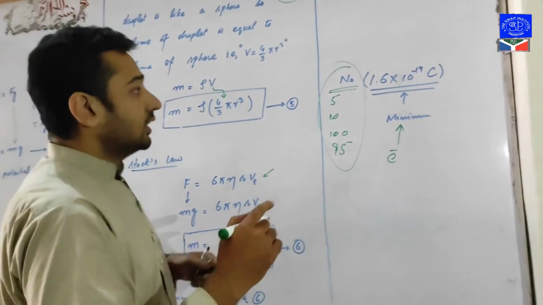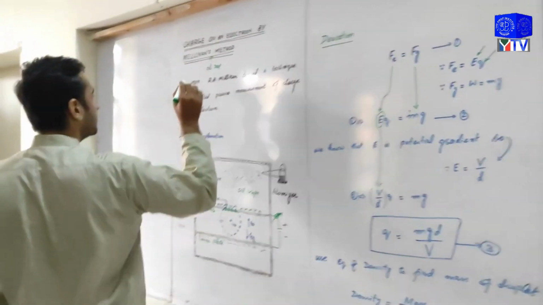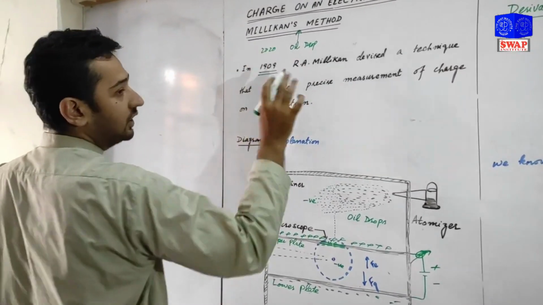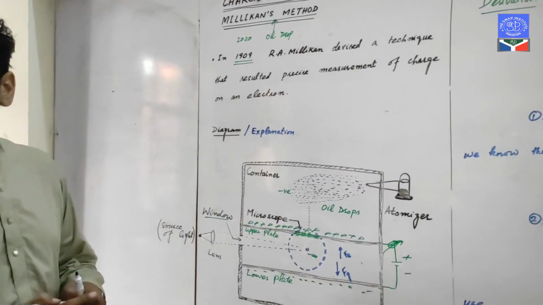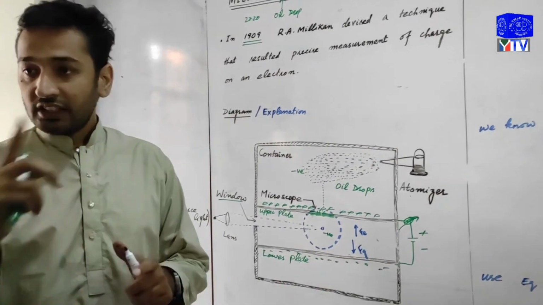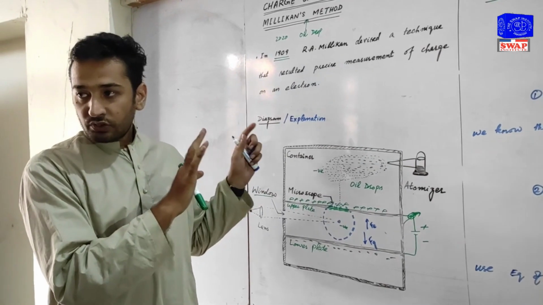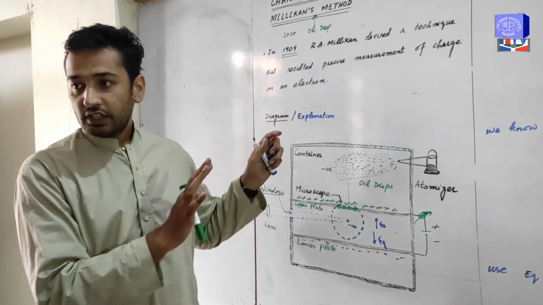From 1999 to 2020 it was considered as the charge on the electron. At that time he measured the charge of the electron accurately.